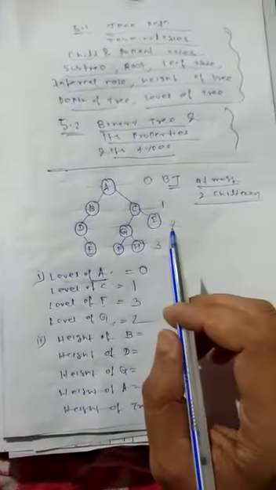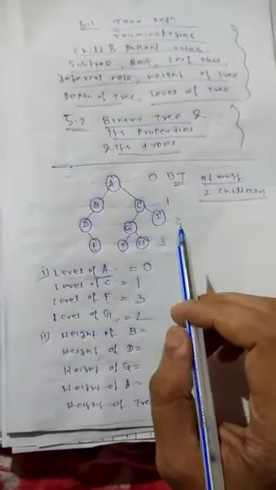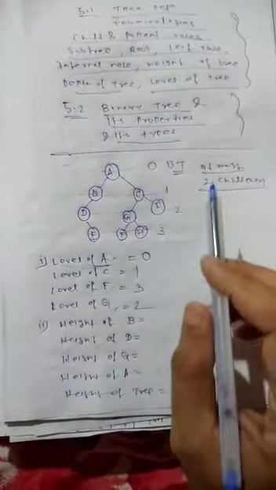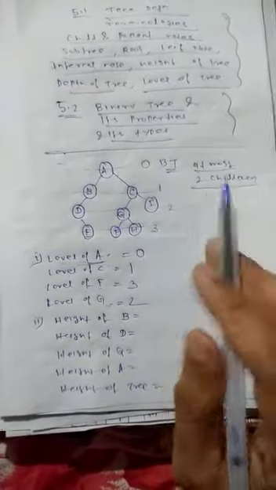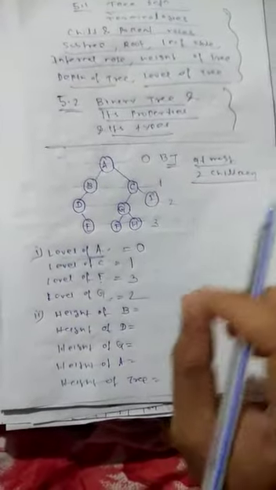Next, suppose we calculate the height. So what is the height? As you know, height is the longest path from the node to the leaf node, that is, the number of edges.